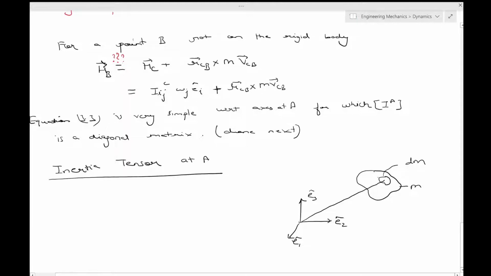Okay, so the same point P is shown, small mass dm. This is RPA. This is A, and this would be equal to xi hat. Now take this mass P, MP.